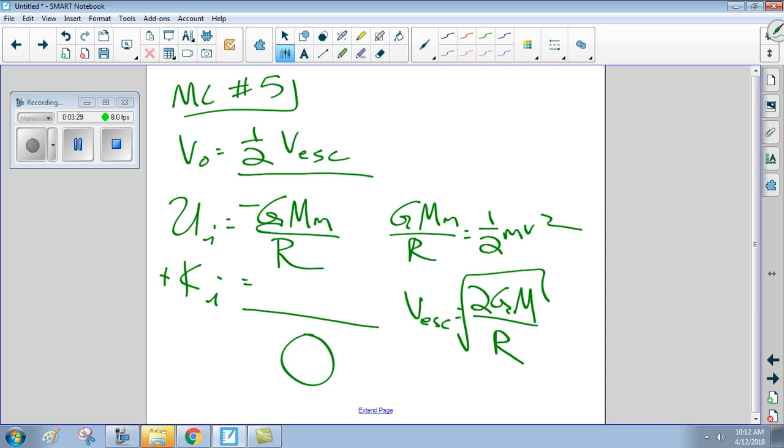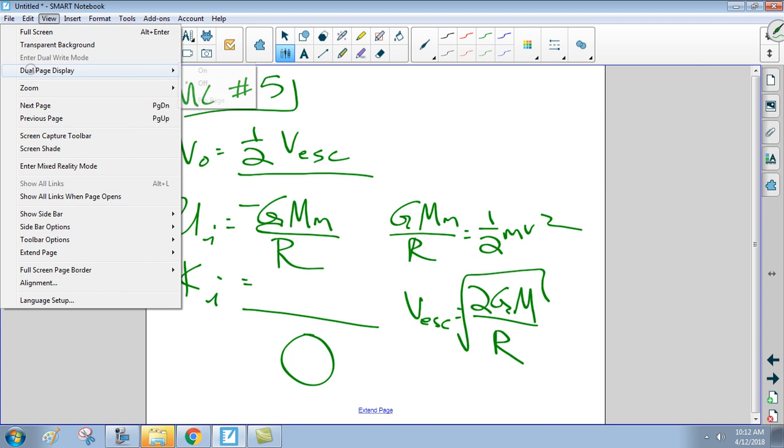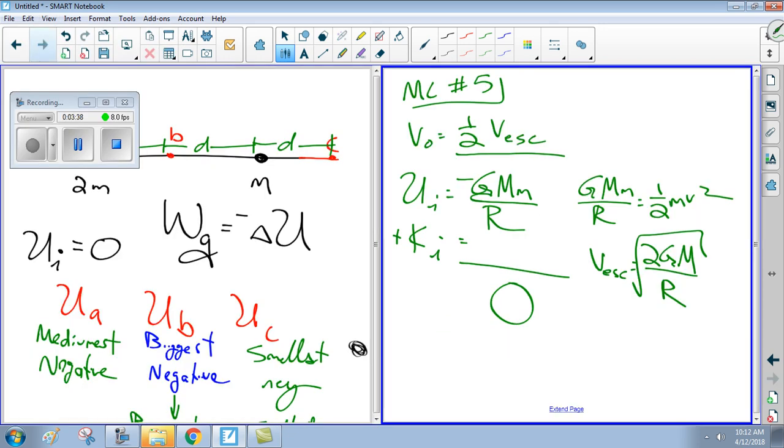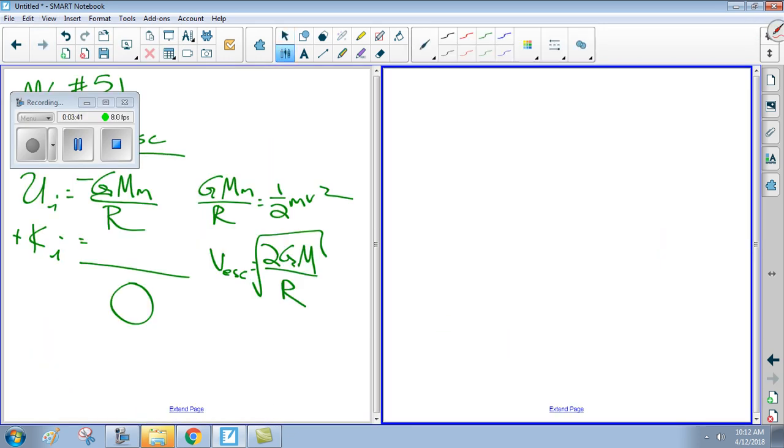So how do we use that to figure out how far my projectile is going to go? My initial velocity in this problem is half of the escape velocity, so it's 1/2 times the square root of 2GM over R. There's got to be a shortcut way to do this, but since I'm not feeling well right now, let's just figure it out.